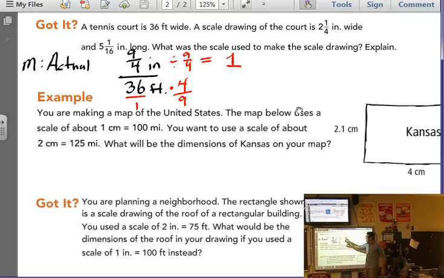Are there any questions with the setup that I've taken right now? Like why I've done any of this. My goal was to get to 1 inch so I know what my scale factor is. Monica: Instead of changing it to 9/4, I left it as 2 1/4.